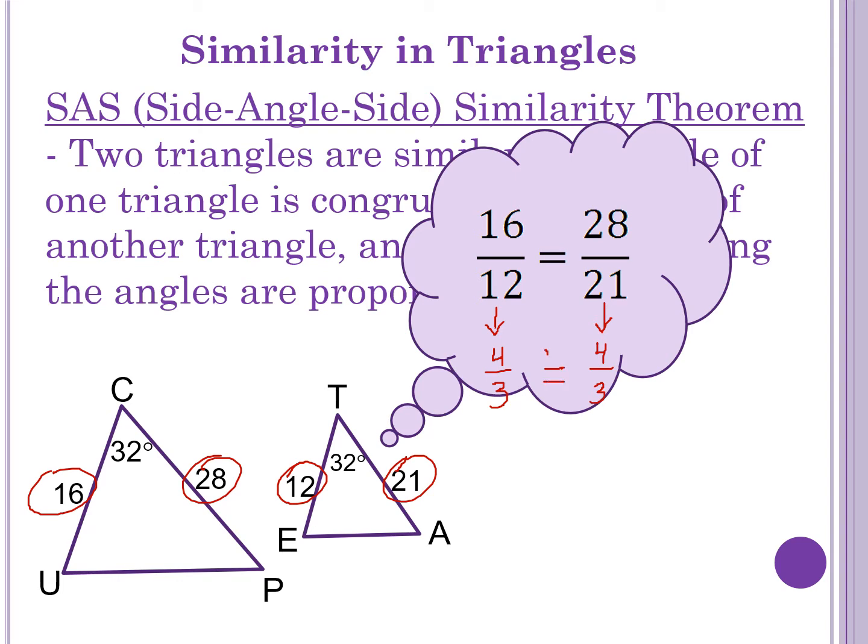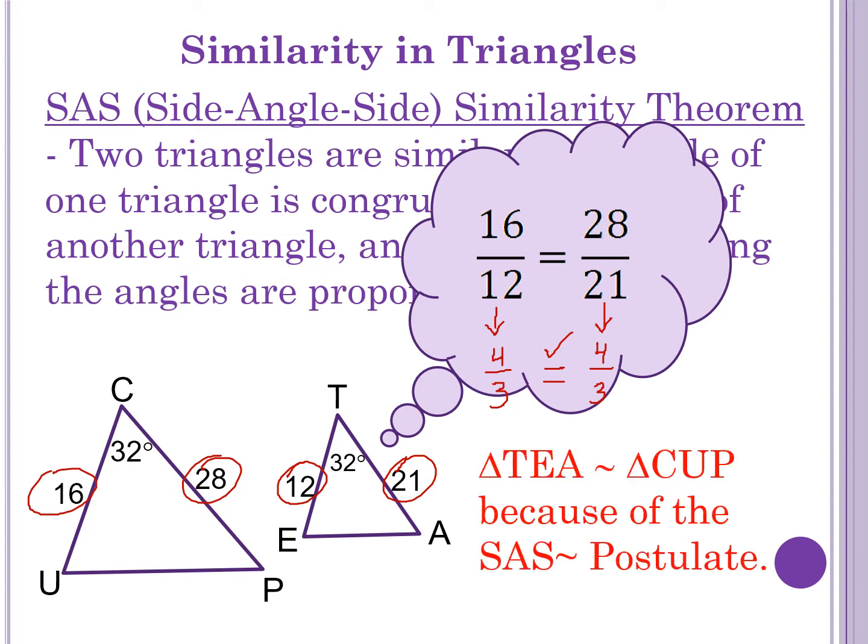So as you can see, the corresponding sides are proportional. So we can say that triangle TEA is similar to triangle CUP because of the SAS postulate or SAS similarity theorem.